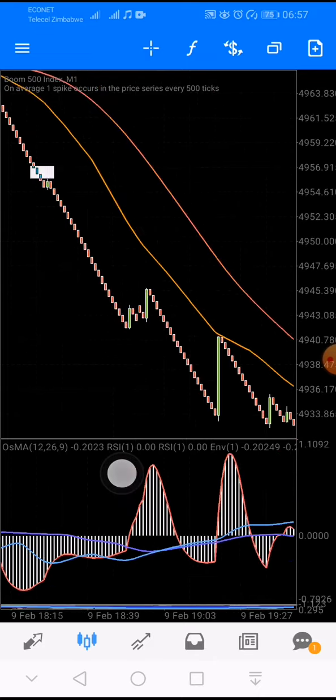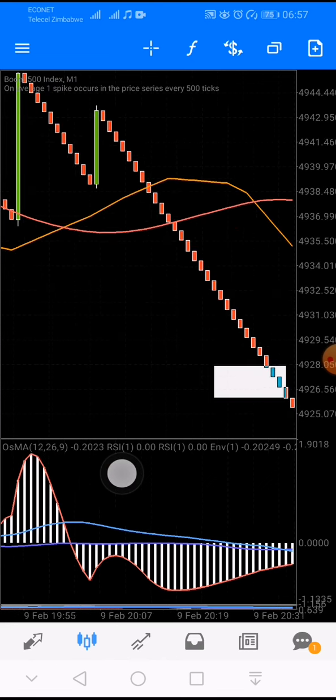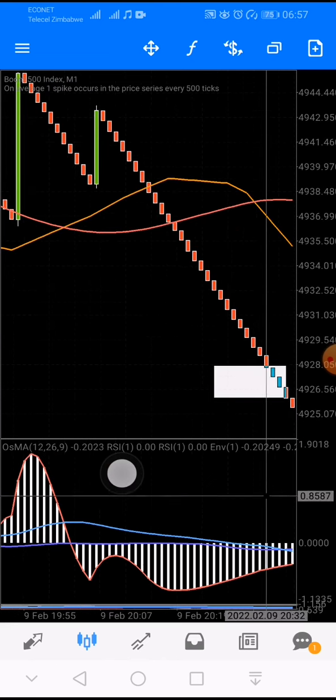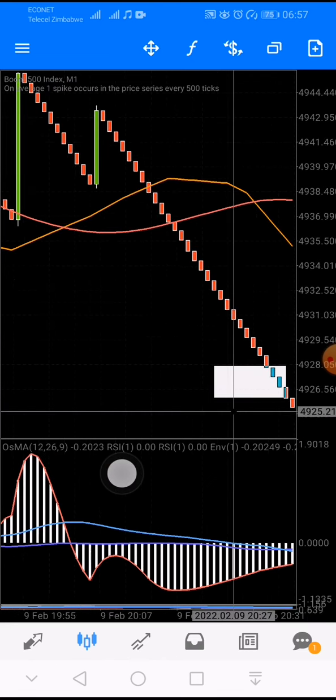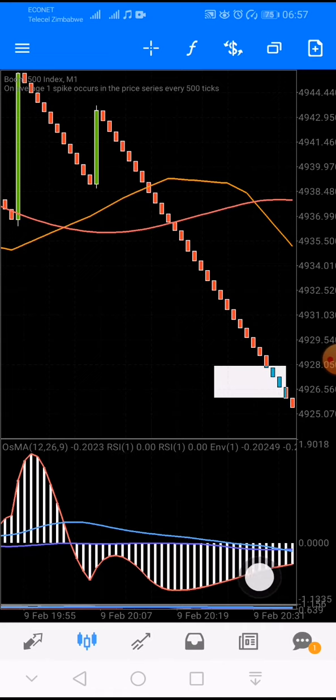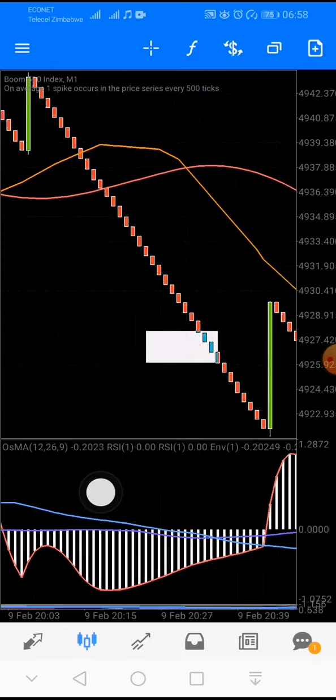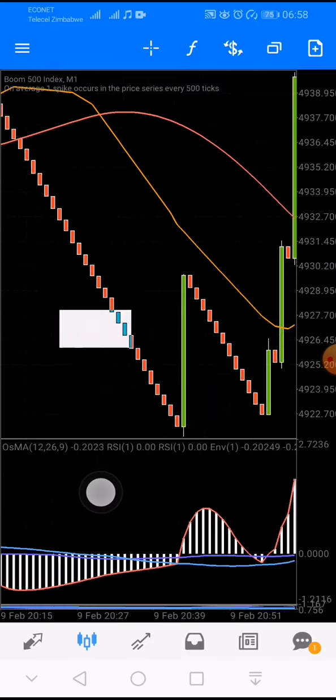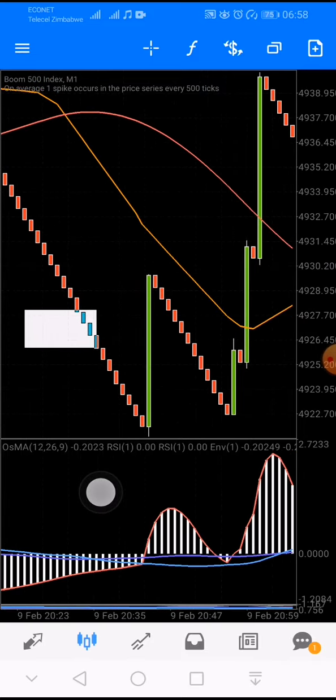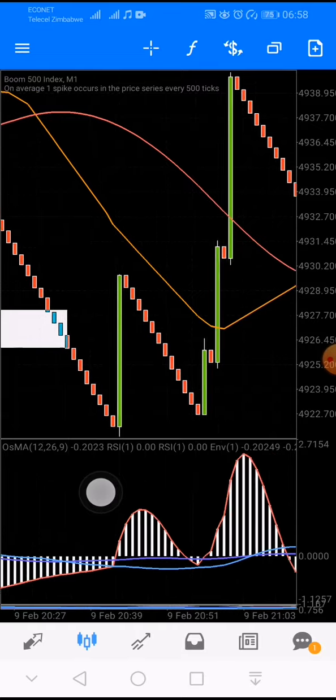And here is another one. This one was the reversal again. This crossover, and it spiked small, and then went into bigger profits.